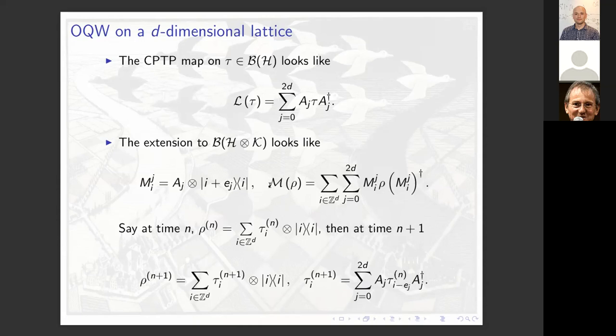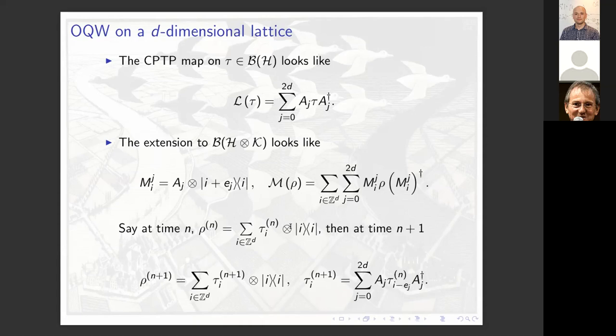And so the general map, or the map on the full state, would look like this, right? So we sum over i. i is its position on the lattice. j is an index that labels the different directions it could go. And that's what the expression looks like. Okay, and then similarly at some time n, we can think of the state looking like this sum.